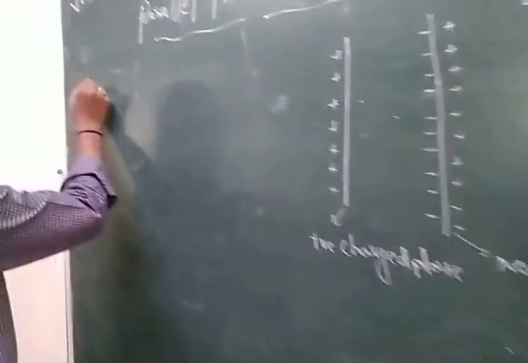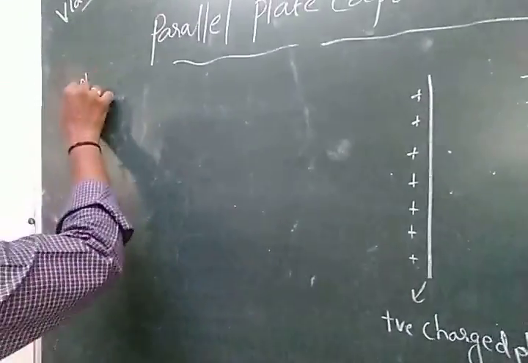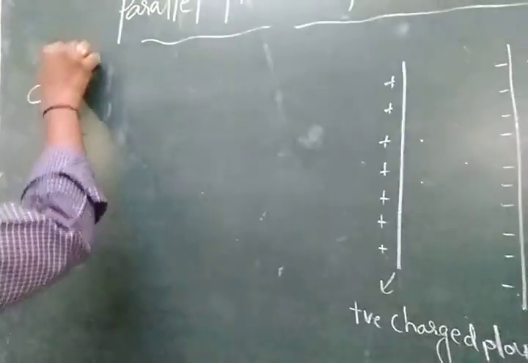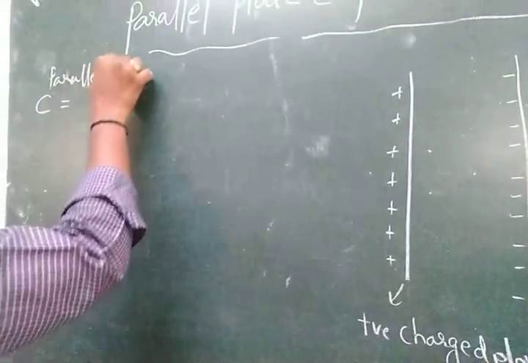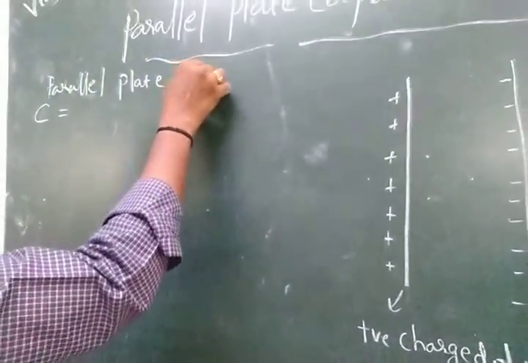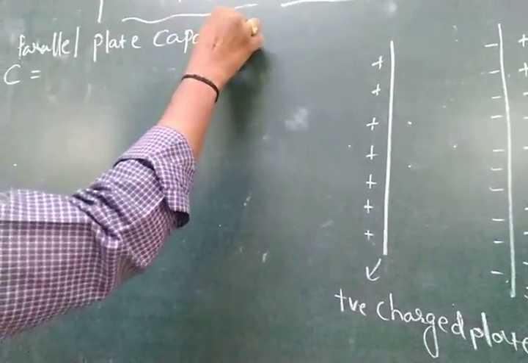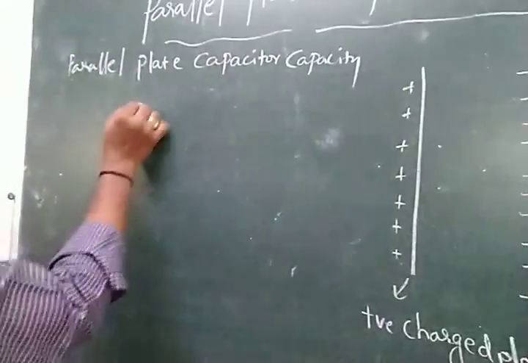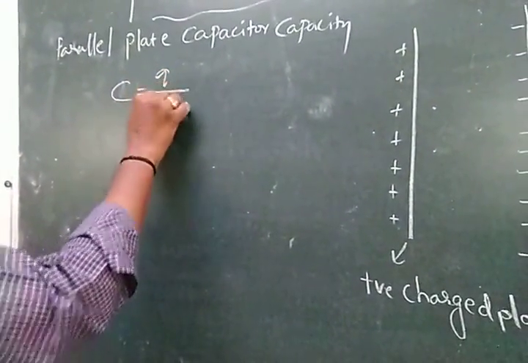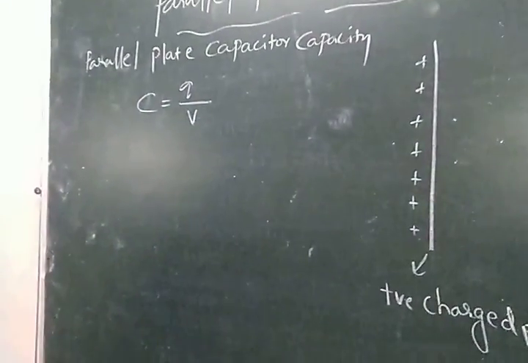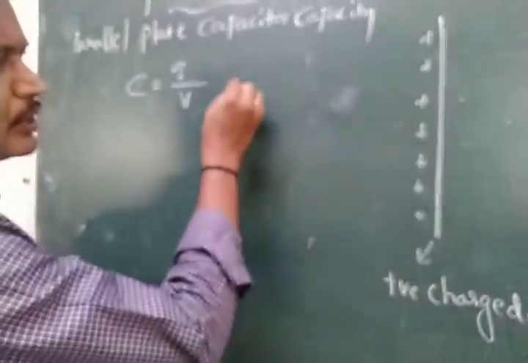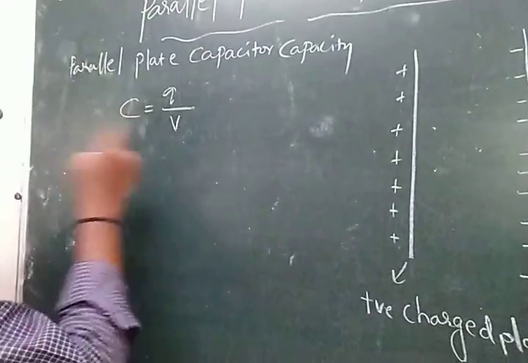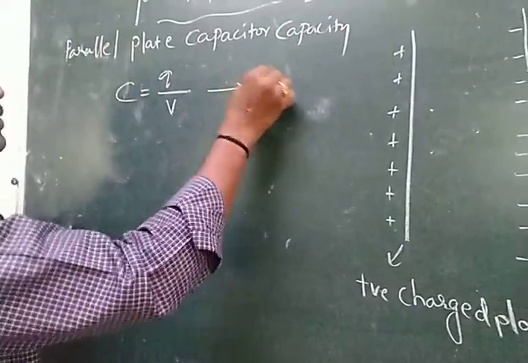So C is equal to, this is the parallel plate capacitor capacity. According to our capacitor capacity formula, C is equal to Q by V. Q is the charge accumulation on the plate, and V is the potential difference across the plate. This is equation number 1.